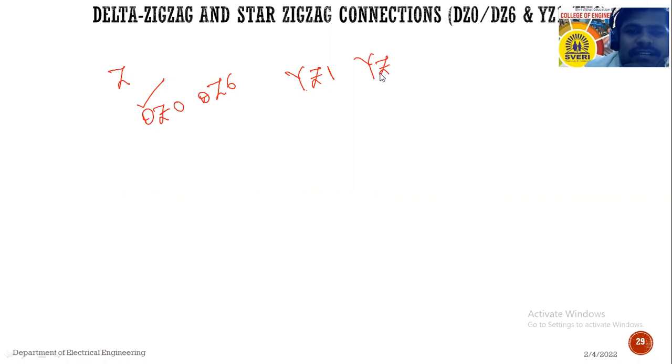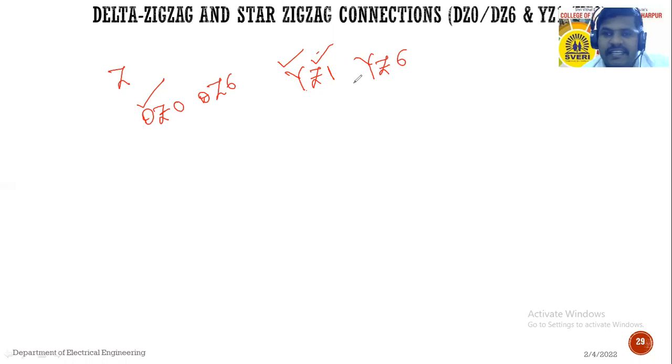So see, YZ6 means the primary winding of the transformer is connected in star and the secondary winding is connected in zigzag. There is no possibility of zero phase displacement between star and zigzag.